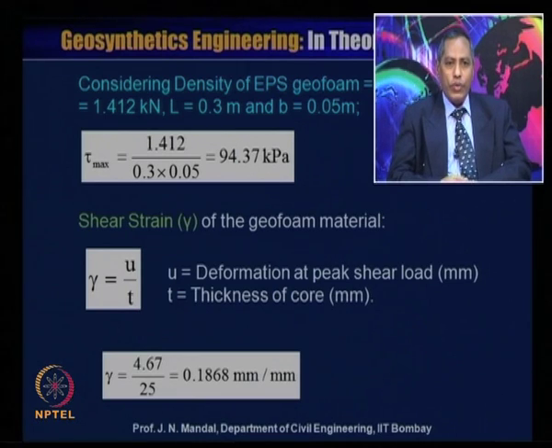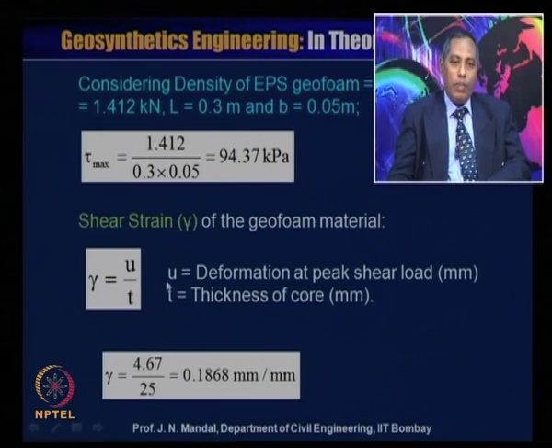Shear strain gamma of the geofoam material can also be determined. Gamma is equal to U by T, where U is the deformation at peak shear load in millimeter, and T is the thickness of the core in millimeter.